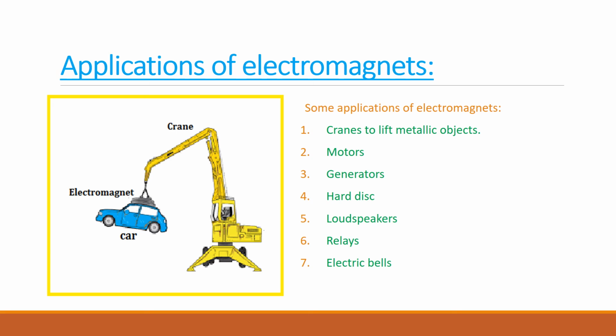Four, can be used to make hard disks. Five, loudspeakers. Six, relays. Seven, electric bells. There are very many applications. These are just examples. Remember to at least quote or state two. Motors, generators, loudspeakers, electric bells.